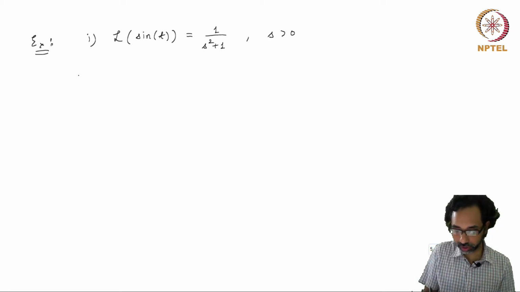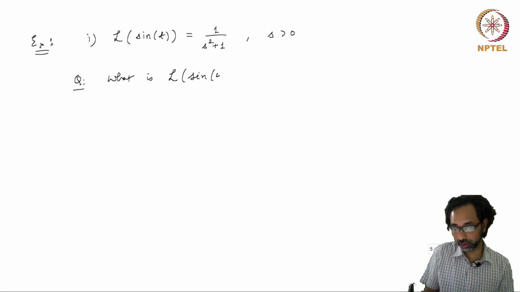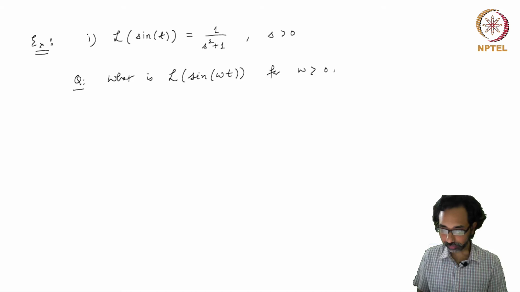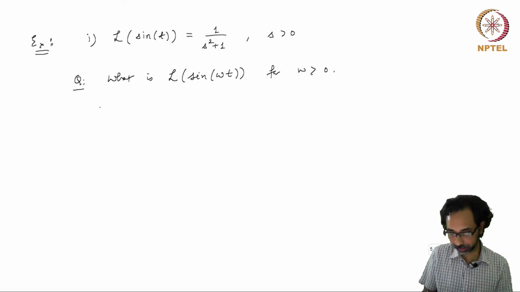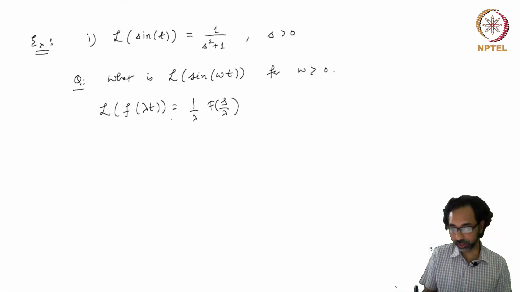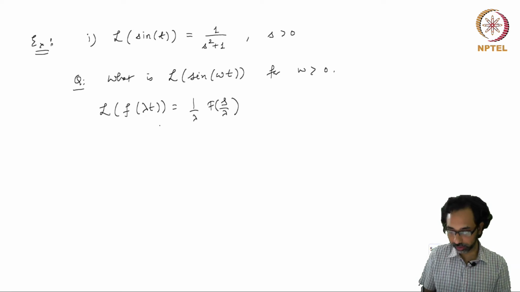So now the question is, what is the Laplace transform of sin omega t for some omega, a positive real number? So we have seen that the Laplace transform of f of lambda t is 1 over lambda f of s over lambda, and we can simply plug in lambda to be omega and small f to be the sine function.